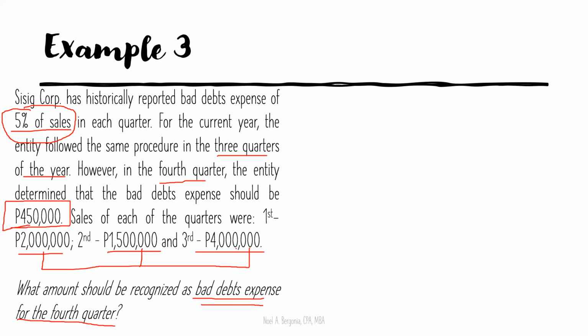Because at year end, the bad debts expense would be 450,000.